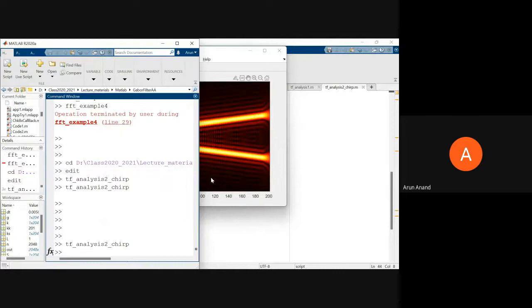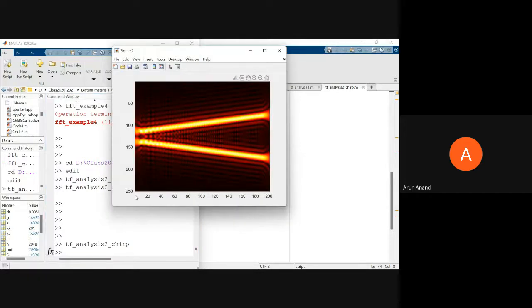In this case, your x-axis represents the frequency component and the y-axis represents the time component. You can see the central portion is the DC part, and of course you have circular symmetry. As you go ahead in time, along the x-axis your frequency component increases. Can you interpret this figure now? Yes or no?